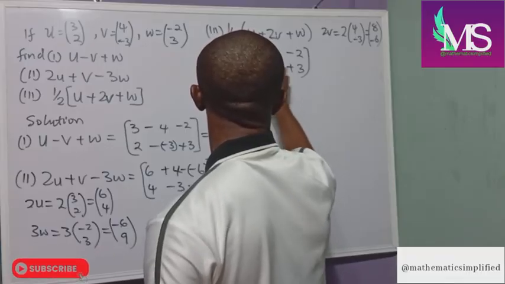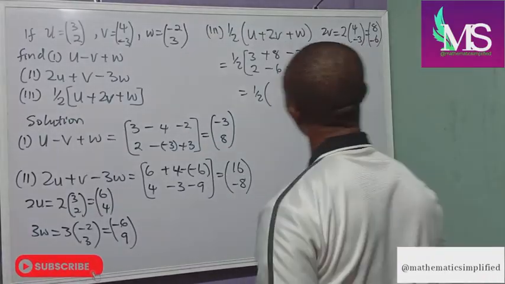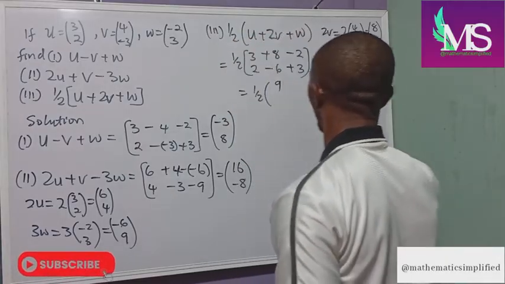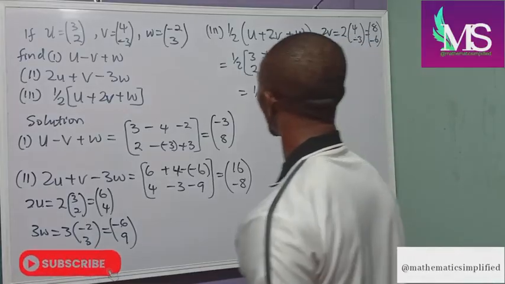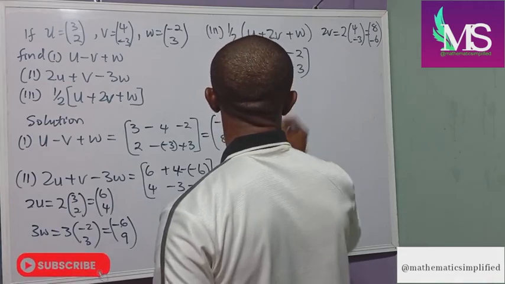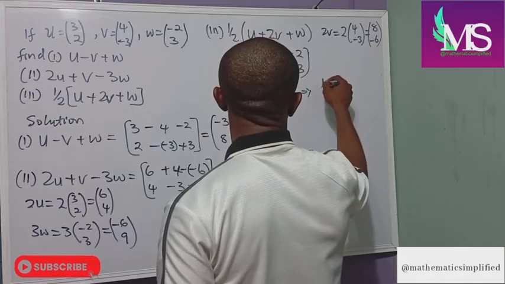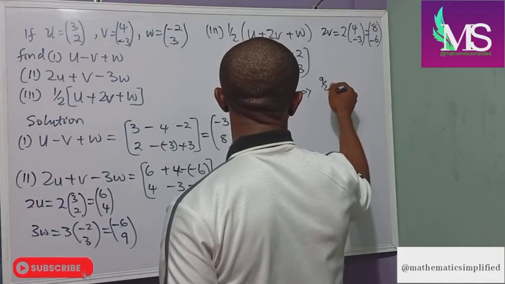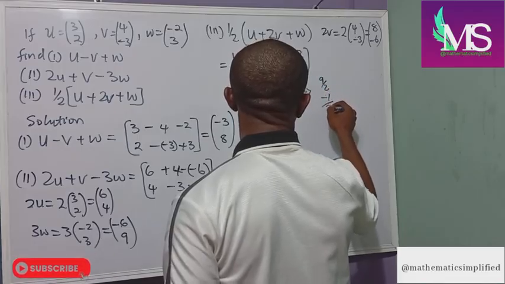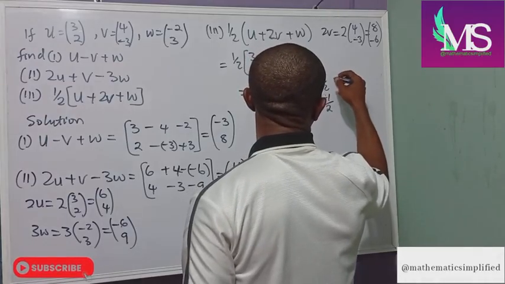So this will now give us half bracket, 8 plus 3 is 11. 11 minus 2 will give us 9. 2 plus 3 is 5. 5 minus 6 will give us minus 1. So times half, this becomes 1 over 2 times (9, -1).